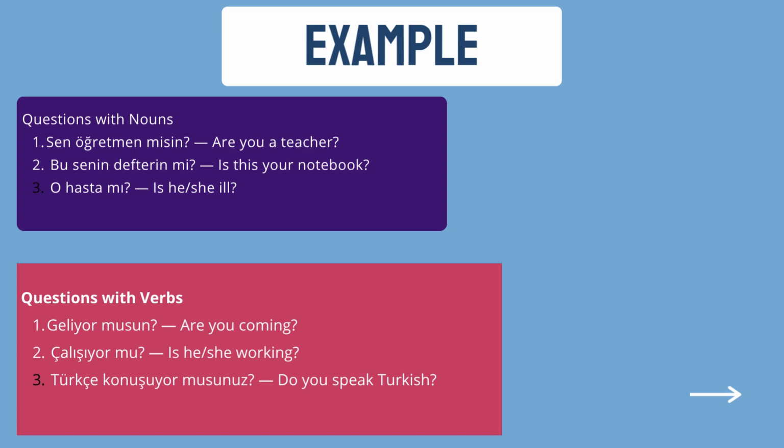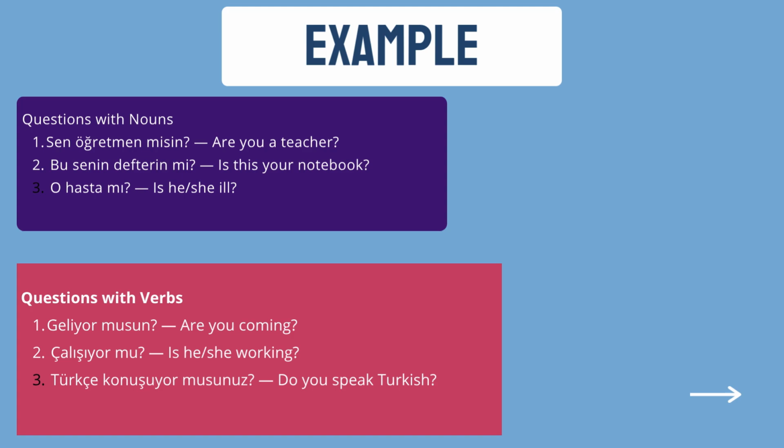And next one is questions with verbs. Only with verbs. As we can see, you have geliyor musun? Are you coming? Like in English, we also use a person, a subject, you. But in Turkish, we can only use the verb and it will work.